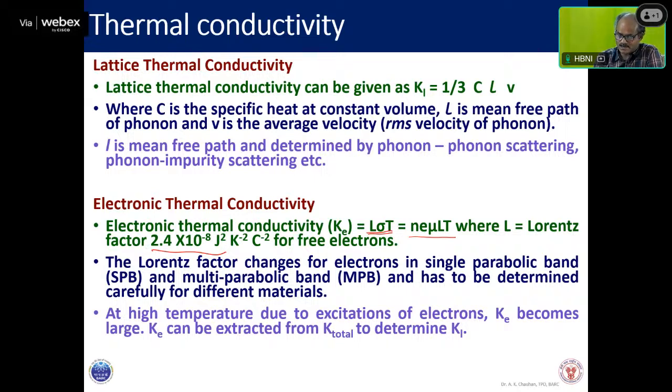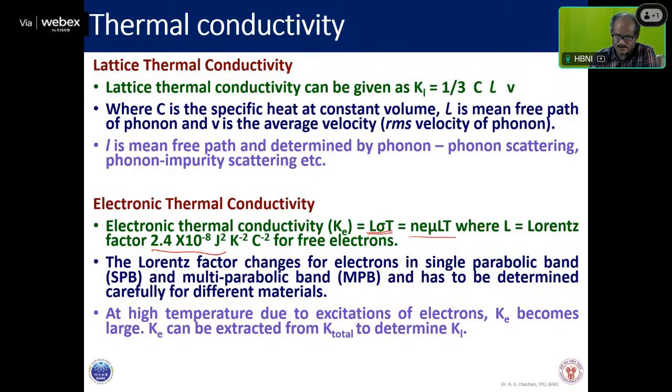It has a slightly different value for holes. The Lorenz number changes for electrons in a single parabolic band and multi-parabolic bands, and has to be determined carefully for different materials. So this Lorenz number is different for different materials.